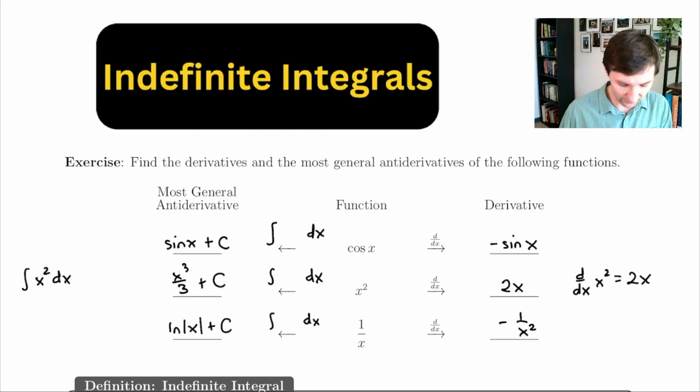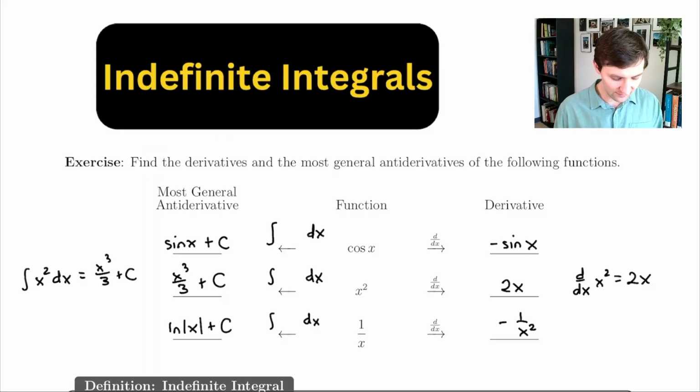The answer to this is x to the third power over 3 plus c. Every time you see an expression that looks like this, think, find the most general antiderivative of the function x squared with respect to x. That function is written in terms of x.